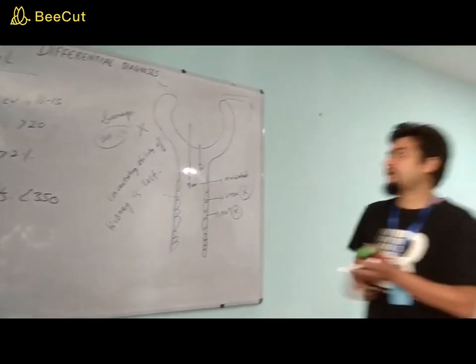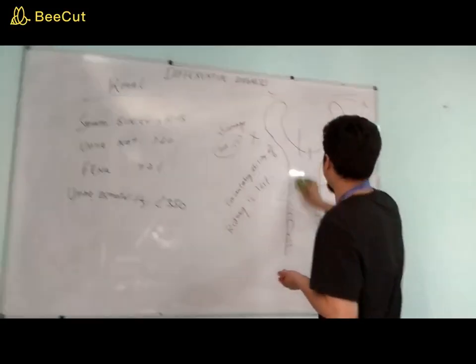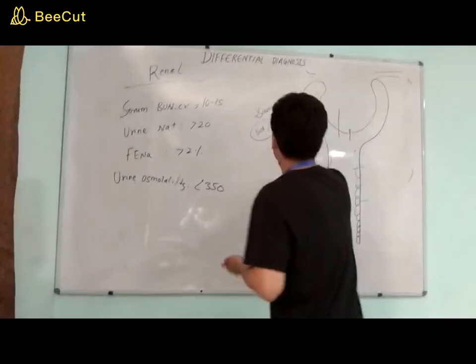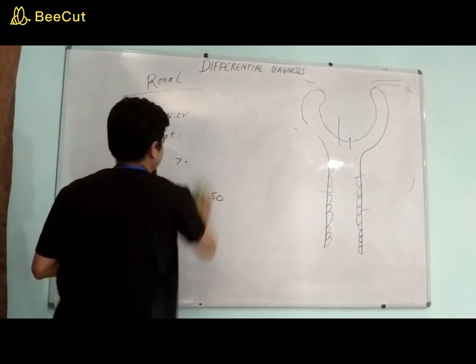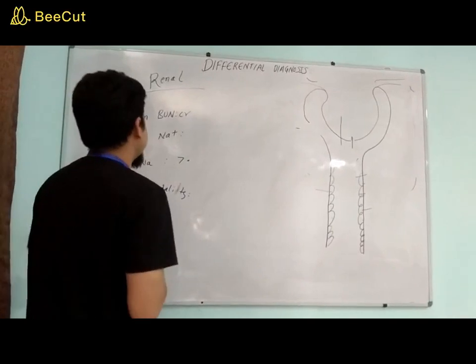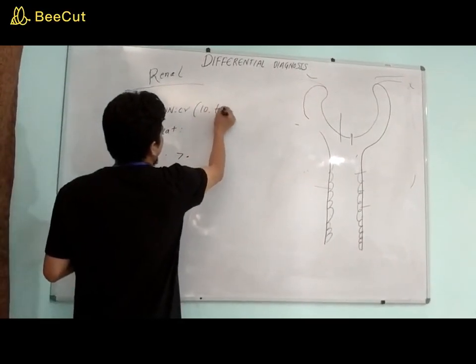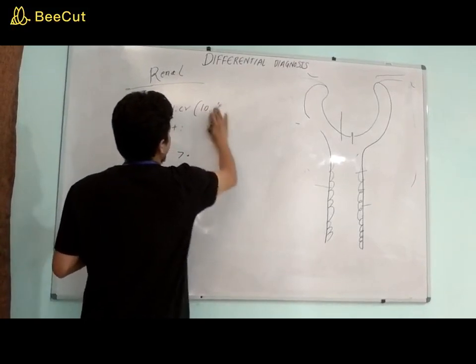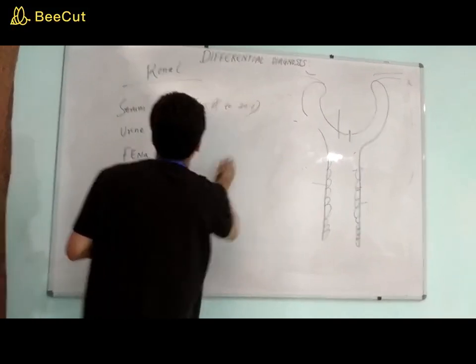Now coming to the final disease, post-renal disease. What happens in post-renal disease? Let's discuss it. In post-renal disease, the BUN to creatinine ratio will be 10:1 to 20:1.